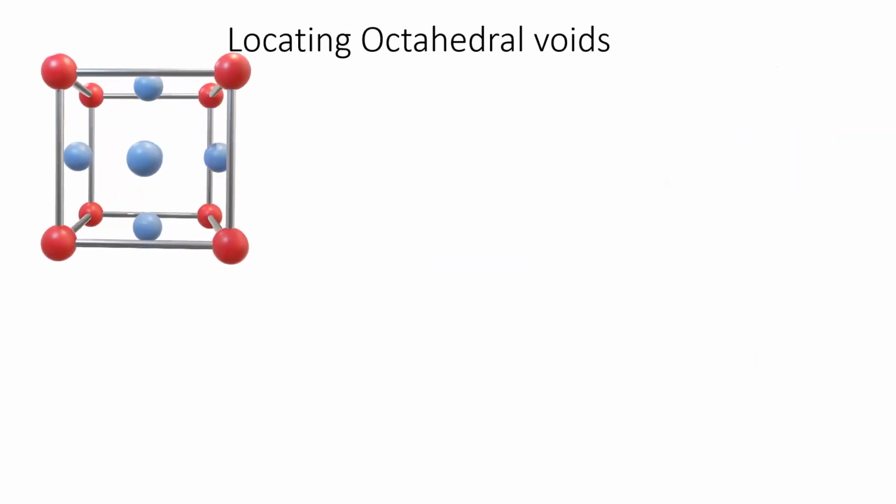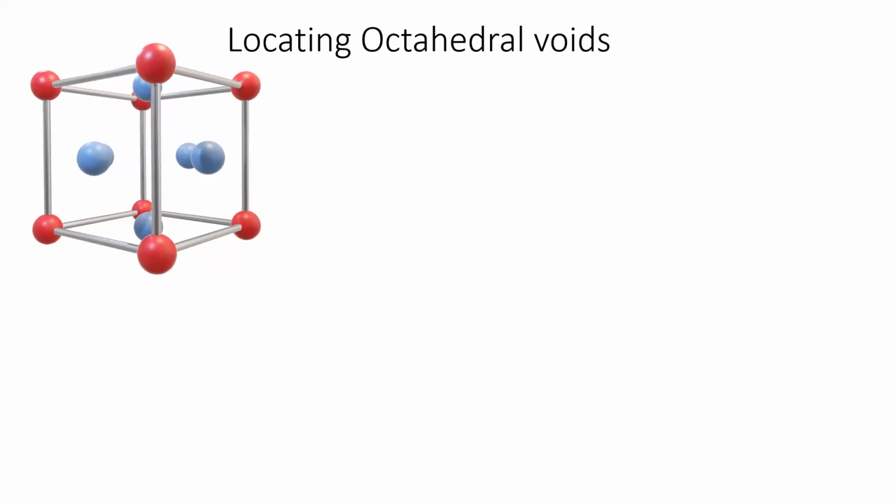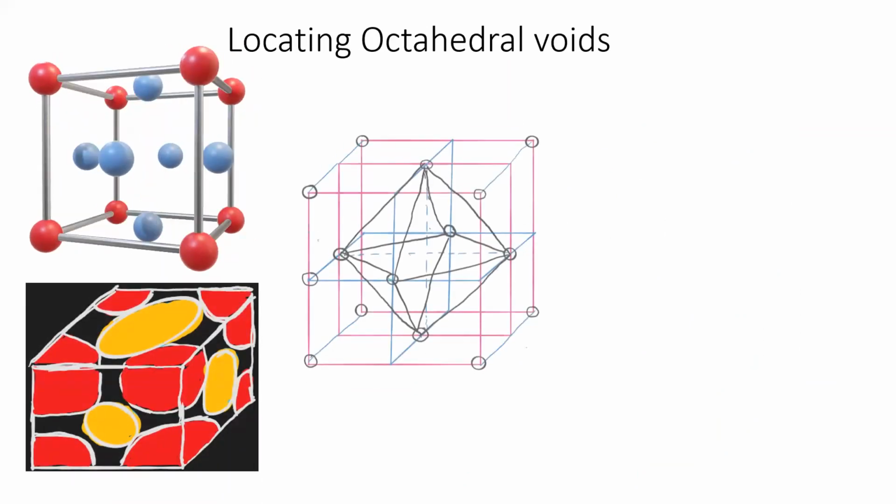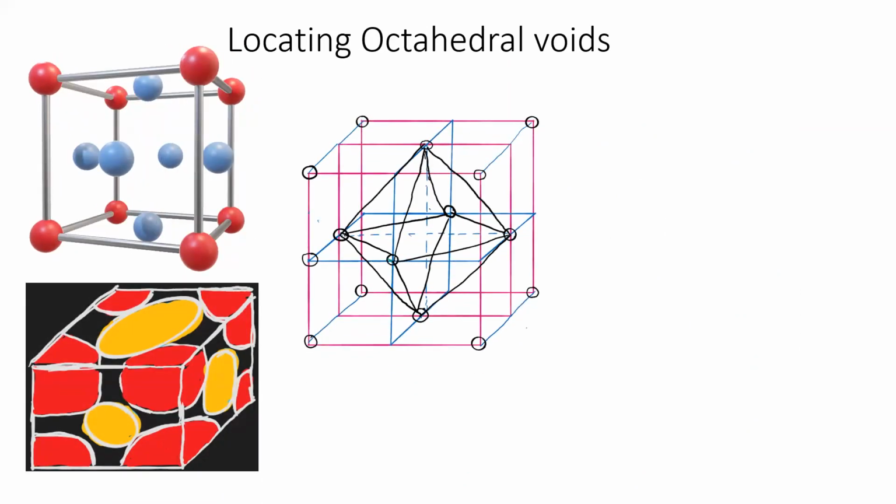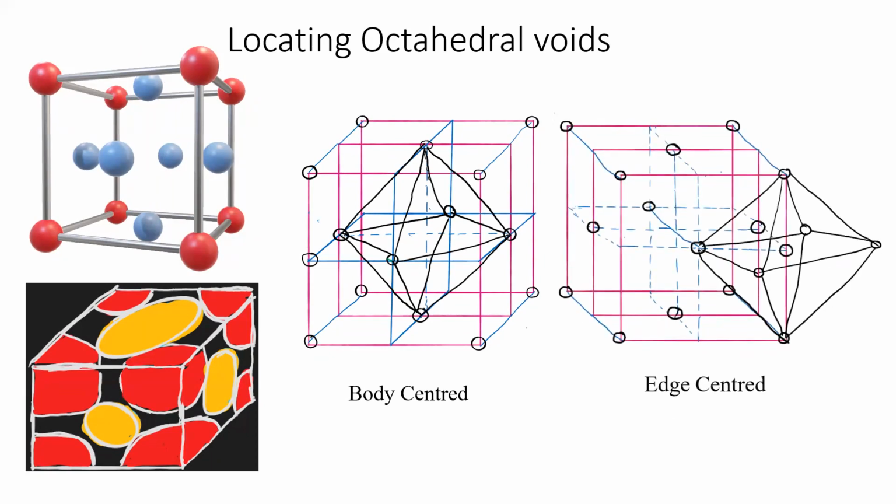Here there are 2 types of octahedral voids. One is by the body-centered position, that means at the center of the body one void is formed, and through the edge centers we get 3 voids. Totally, the body center gives 1 void and the edge centers give 3 voids.